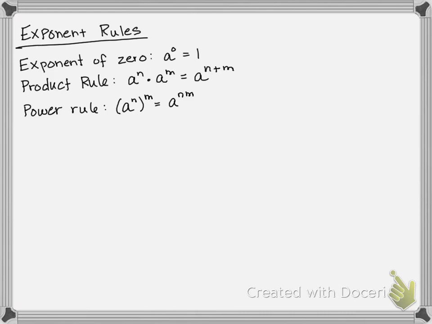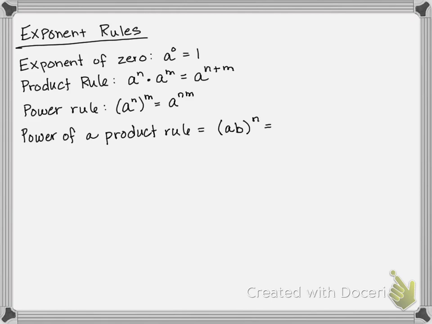We have the product rule, we have the power rule, and then we have the power of a product rule. Which says that if my base has multiple factors, well, that's just the same as having n factors of A and also n factors of B, right?